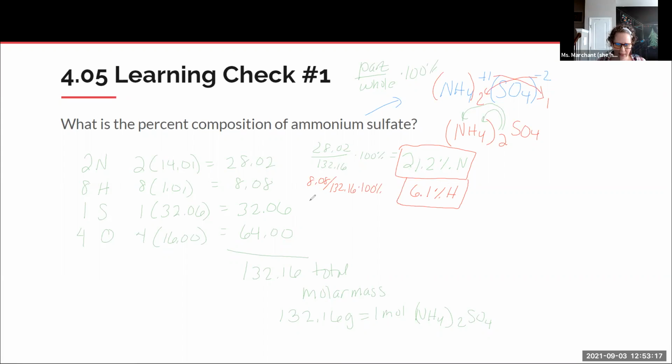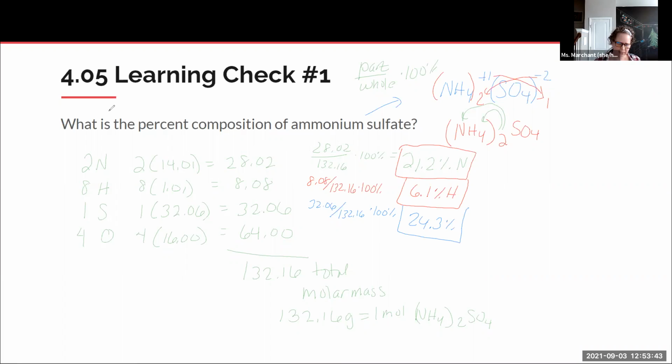All right, next guy. There are 32.06 grams of sulfur in 132.16 grams of compound. 32.06 divided by 132.16. Okay. 24.3% sulfur.